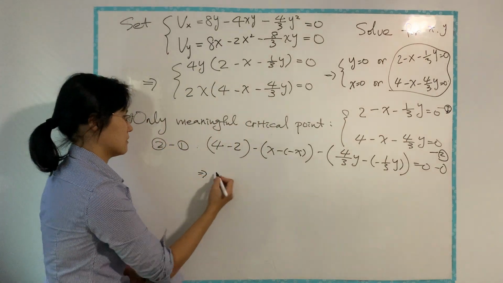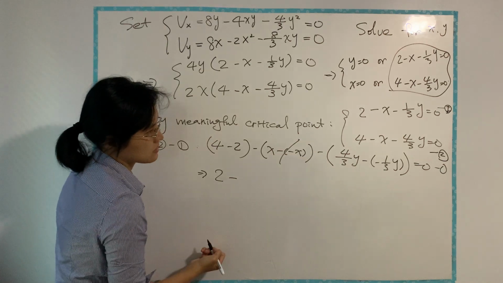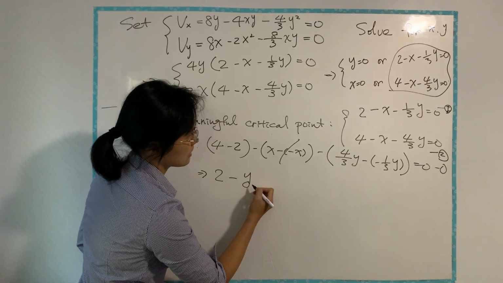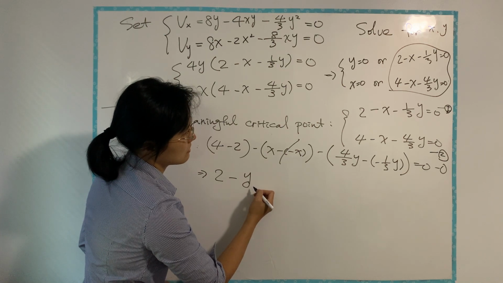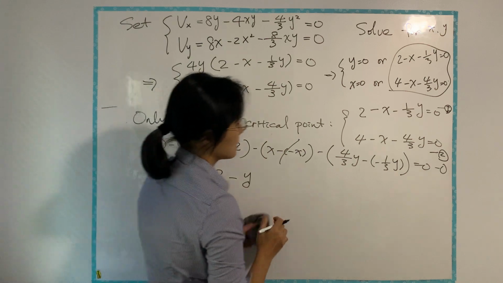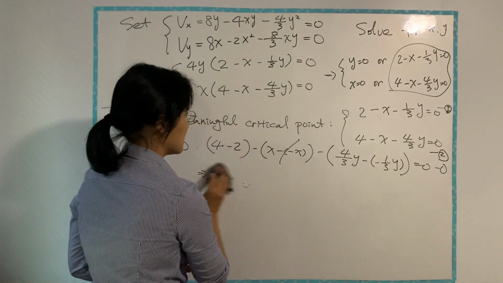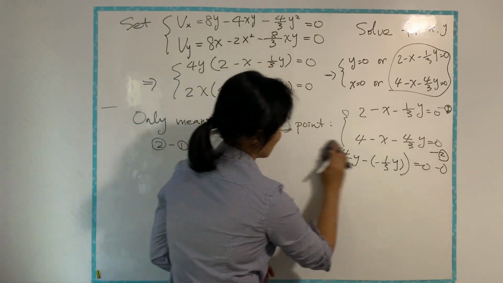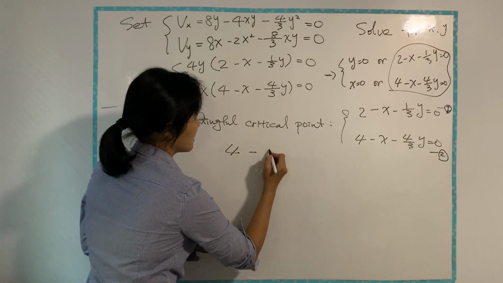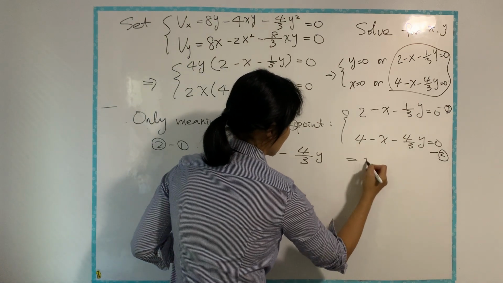Sorry, I have a mistake here. Let me do this again. So I have 4 minus x minus 4/3 y equals 0.